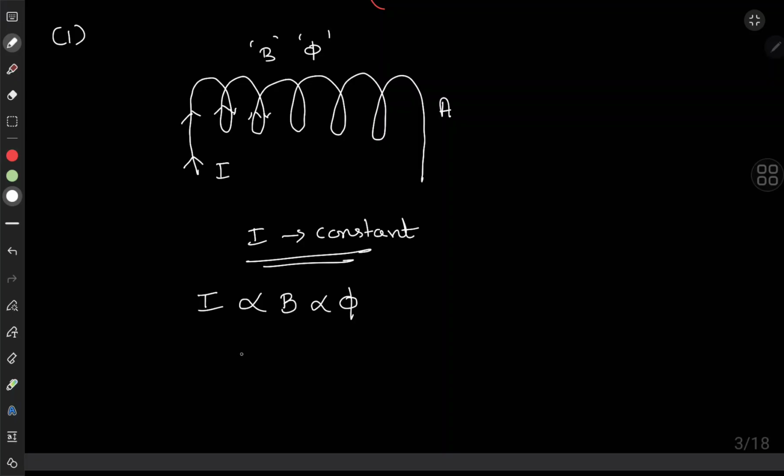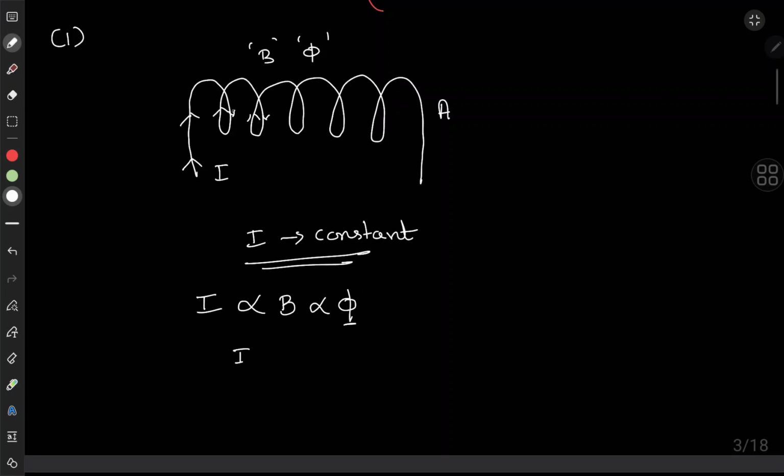This flux is nothing but the magnetic field linking to the same coil which produces the magnetic field. For that coil only, the magnetic field is linking. So now we can write I is proportional to phi.